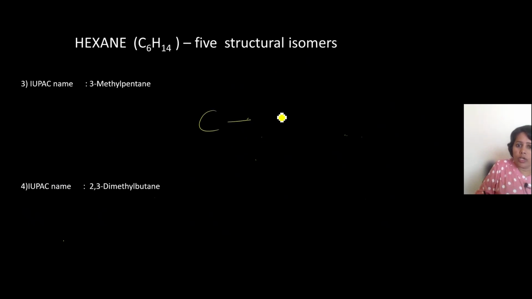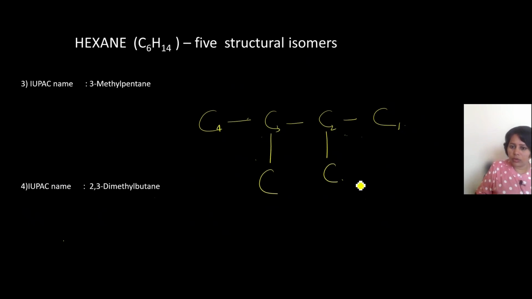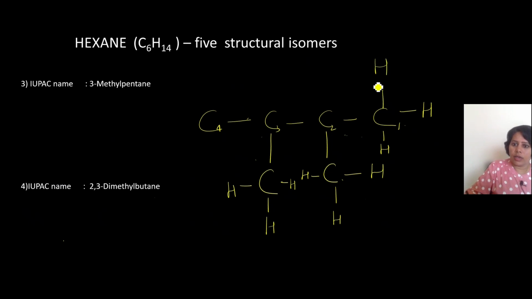So 1, 2, 3, 4 carbon atom is there, and we will put methyl group in the second. So 1, 2, 3, 4, 5, 6. Total carbon is 6. Now hydrogen 1, 2, 3, 4, 5, 6, 7, 8, 9, 10, 11, 12, 13, 14.